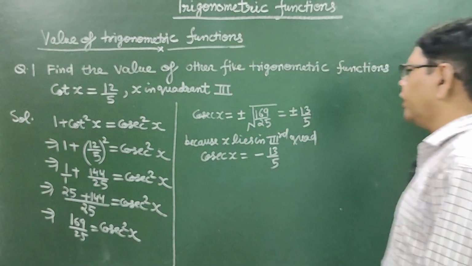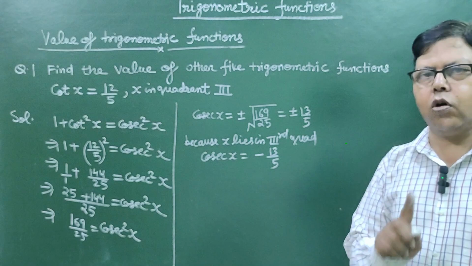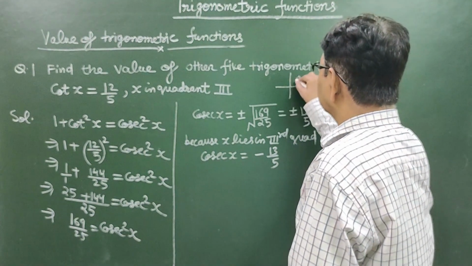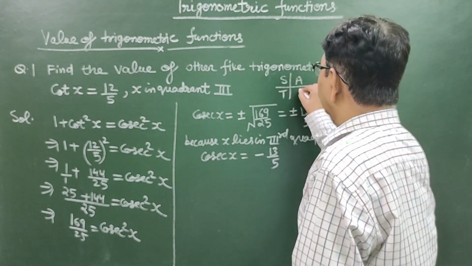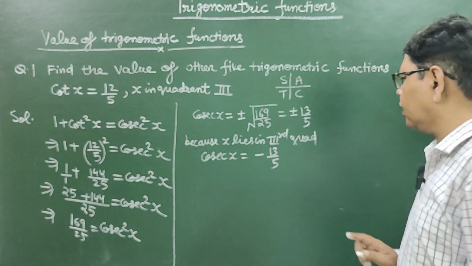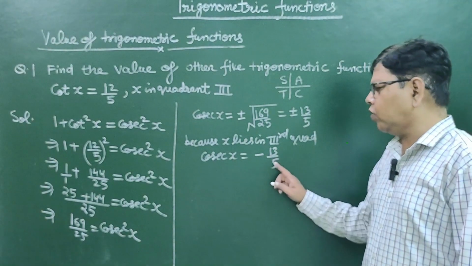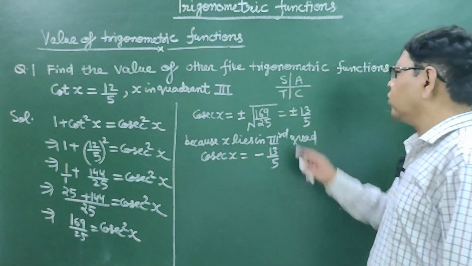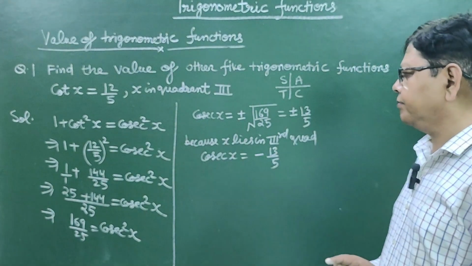Because in the third quadrant, you know, tan and cot are positive. According to the ASTC rule, in the third quadrant, tan and cot are positive. Rest of the trigonometric ratios are negative. So we will consider only the negative sign, because in the third quadrant cosec is negative.